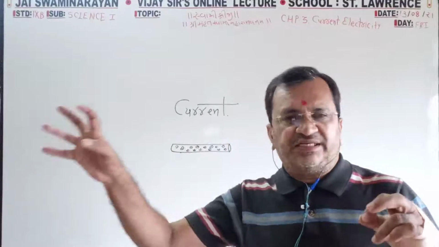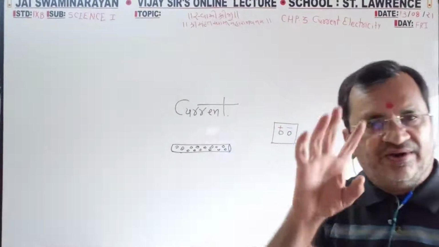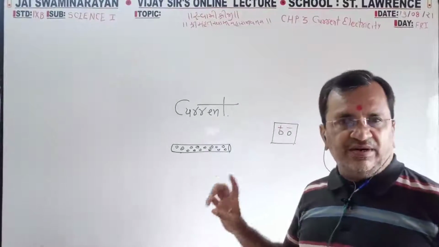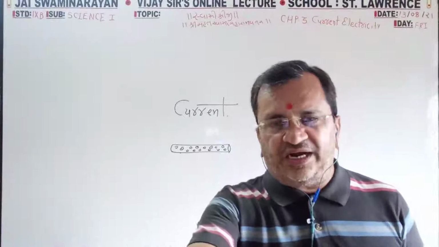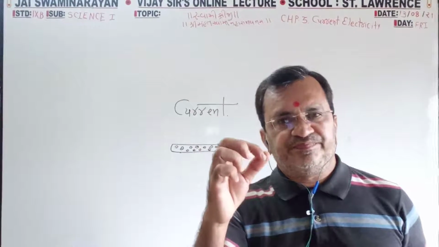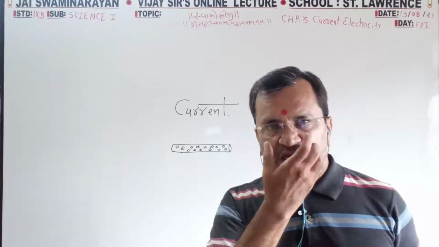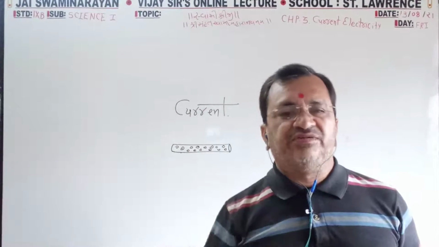So with this example, I want to explain that positive is higher level, negative is lower level. For a piece of wire, you can't decide which end is positive and which is negative. Where we connect it, that is positive, that is negative.